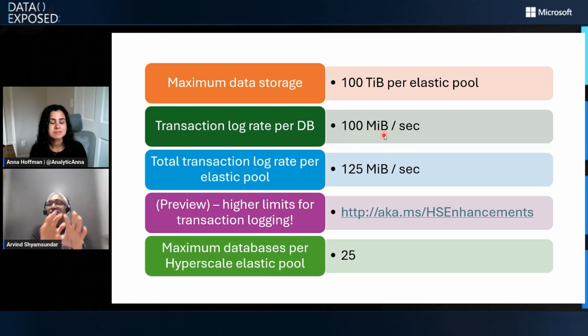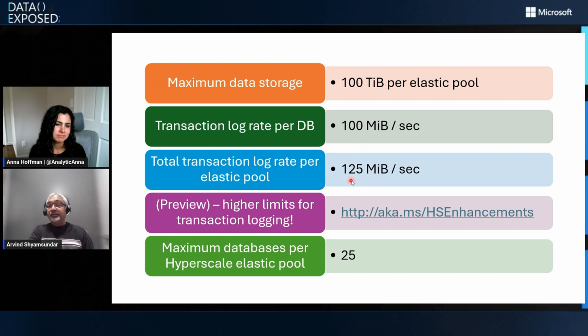But when you have lots of activity across each database, the sum total of them can still go up to 125 megabytes. So this is a very important thing because sometimes people compare and contrast what's inside a single database versus what's inside a pool. Pools, you're allowed to do certain things above and beyond what you would do with a singular database out there.